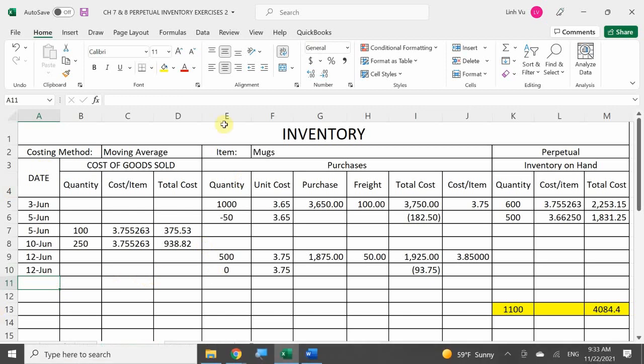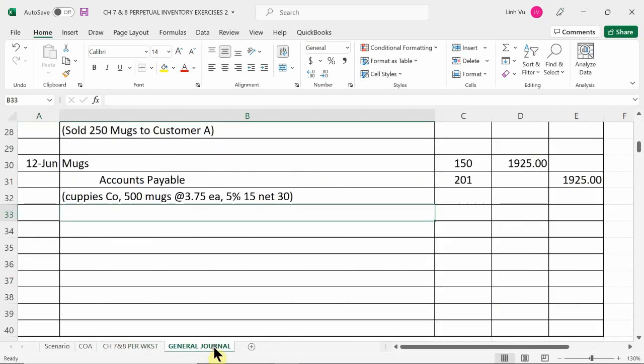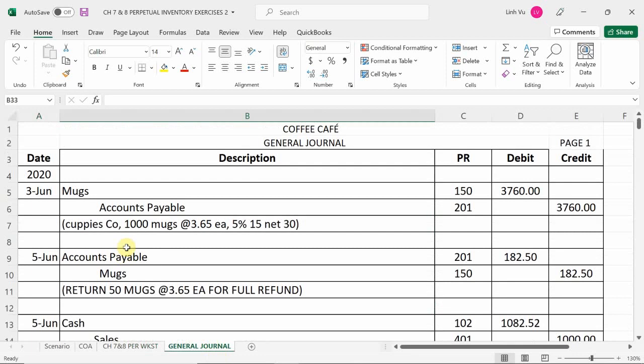So go back to my journal. Okay. I made a return slash allowance.